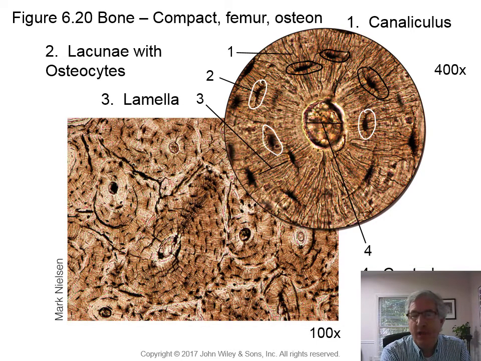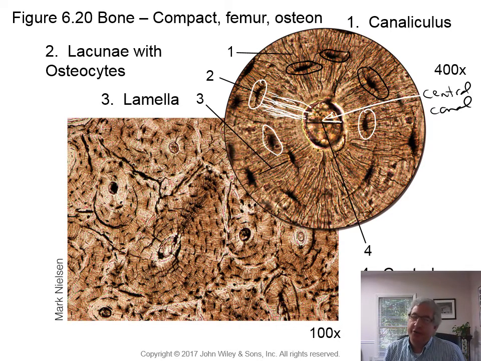And then here you can see all these lines coming off of it, going towards the center, because this right here is your central canal that has the artery and vein in it. Okay, so these little canaliculi are reaching all the way down here to the middle so they can get some nutrients and bring it back to that osteocyte that's sitting in its lacuna. And all this is hard matrix all around this. Okay, but you have these live cells in there, so these live cells are able to produce more bone if you need to.